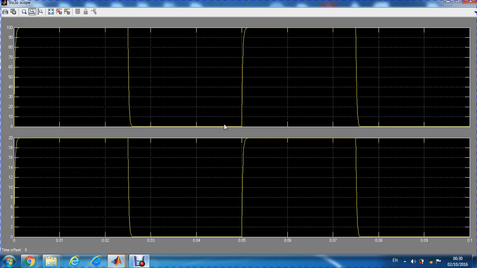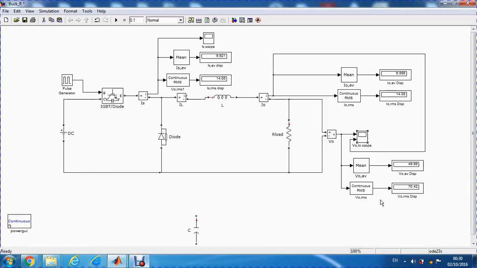Alright, as you can see, there's a slight change on the ramping up of the voltage and the current, but not much different actually, and the effect is minimum. The voltage is around 50 and the current is around 10 amps, still the same, not much change.